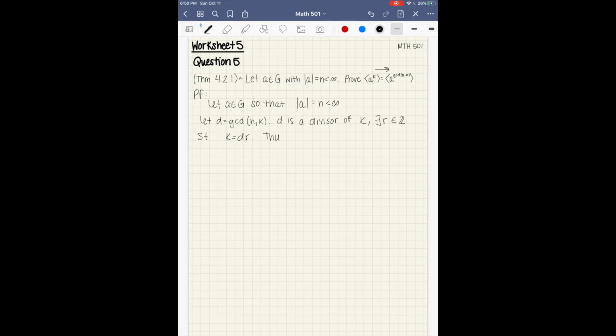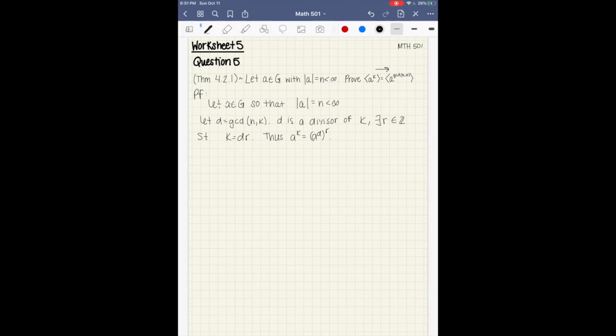Thus we can say a^k is equal to (a^d)^r, because we would multiply d and r, and then d and r would equal k.